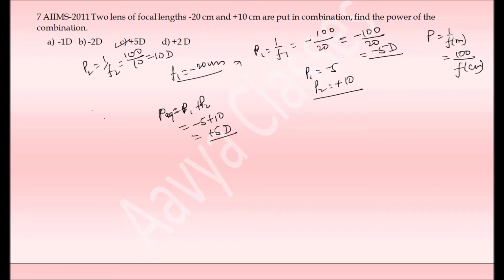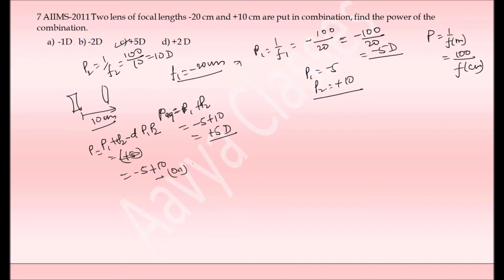Suppose these two lenses are placed at a distance equal to, let's say, 10 centimeter. Then you have to calculate the power. Then what will be your approach? Then power P is equal to P1 plus P2 minus d P1 P2. So minus 5 plus 10 minus d, that is 10 centimeter, so 0.1 meter, into minus 5 into 10.